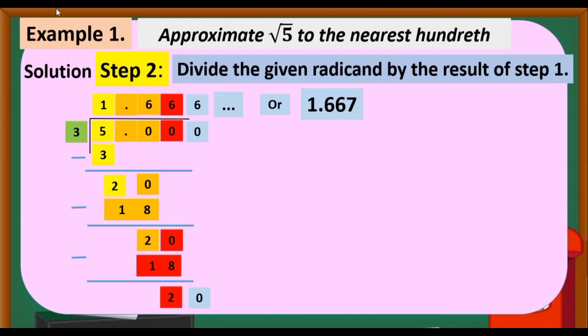Ma'am, why 667? Our last digit is 6. Since the number continues infinitely, we can round off the third decimal place. It becomes 7. So 1.667 is approximately 5 over 3.